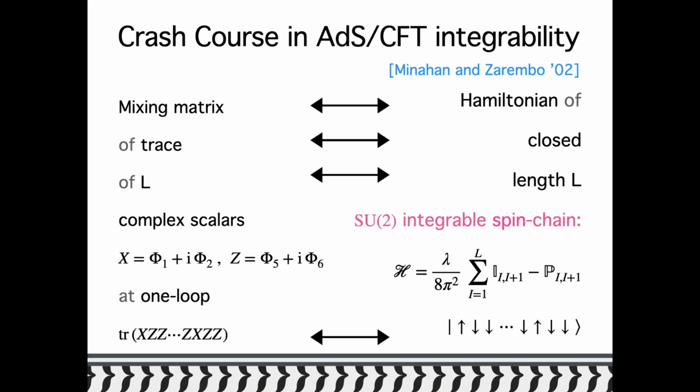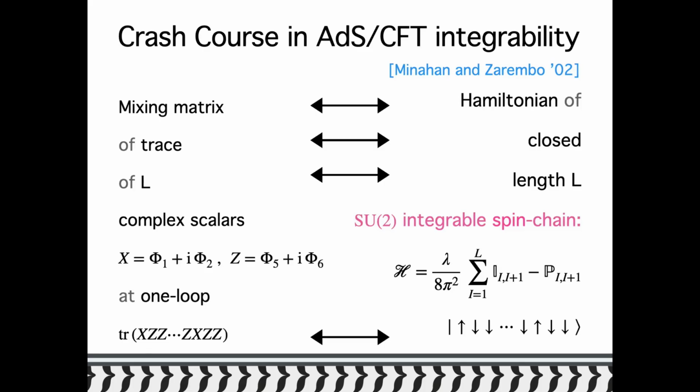Out of the 6 possible scalars, I take 2 scalars, X and Z, where X is phi1 plus i phi2, and Z is phi5 plus i phi6. I take a trace with some products of X's and Z's of length L, and I want to compute the anomalous dimensions of such states at one loop.